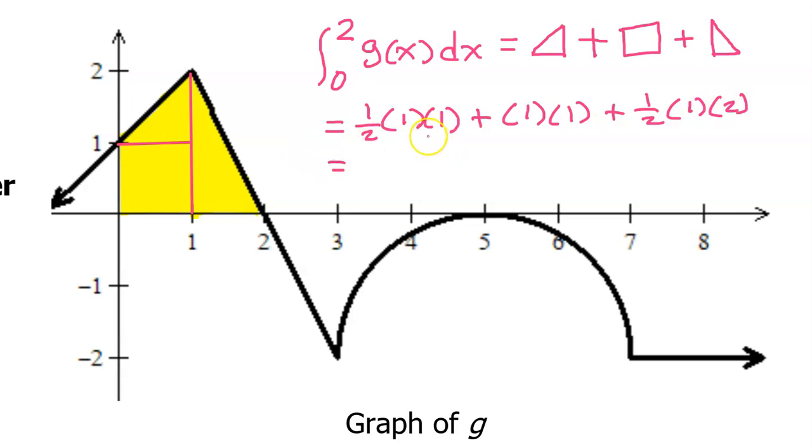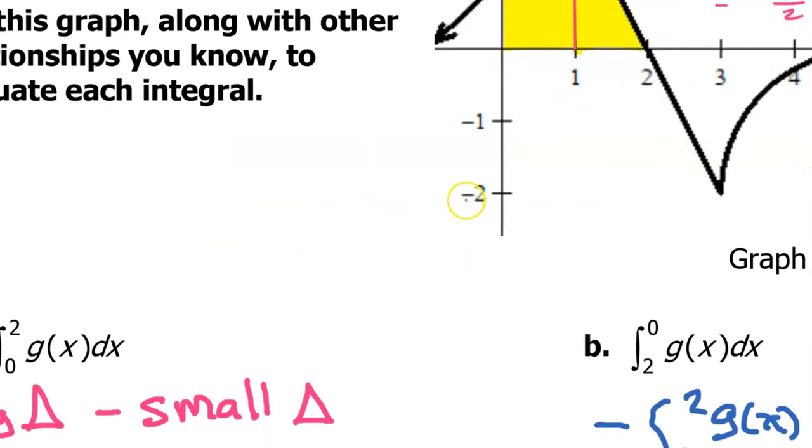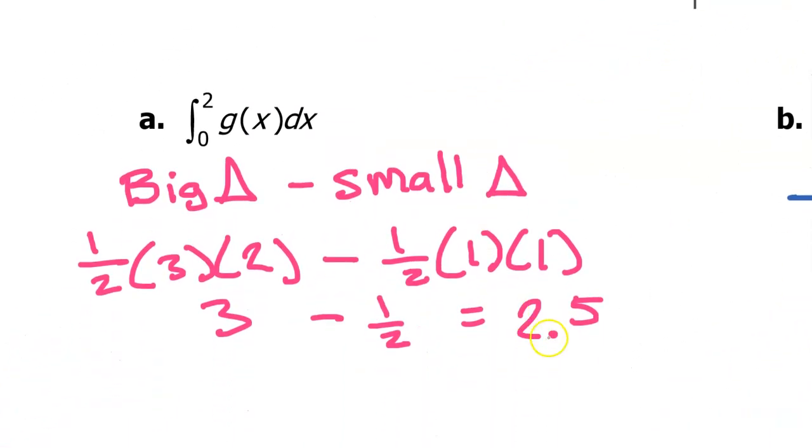So this first term is just going to be 1/2. And then the second term is 1. And the third term is 1. Half of 2 is 1. And if you add all of these up, you get 2.5, which is the same thing that we got by the subtraction method.